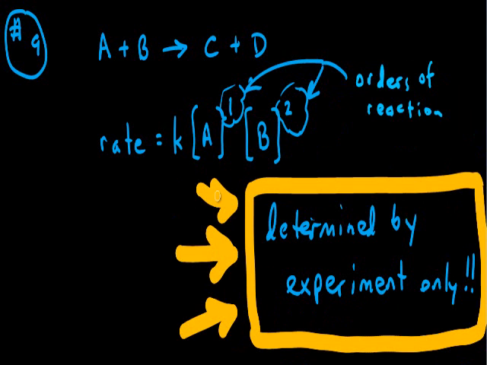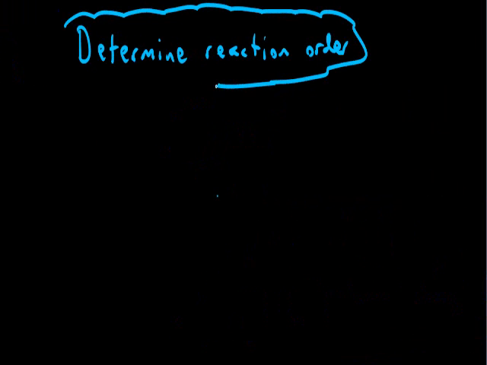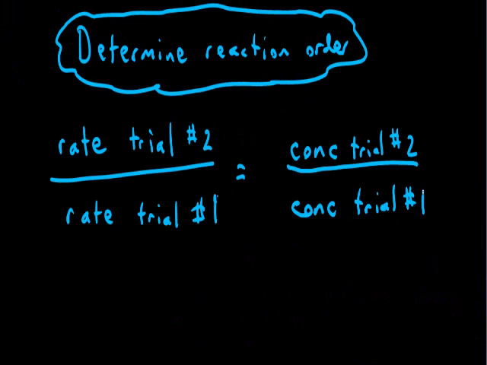This is how to determine the values of the exponents in a rate law expression. An equation that can be used to mathematically determine the reaction order with respect to a particular chemical using experimental data is to use this equation where we take data.